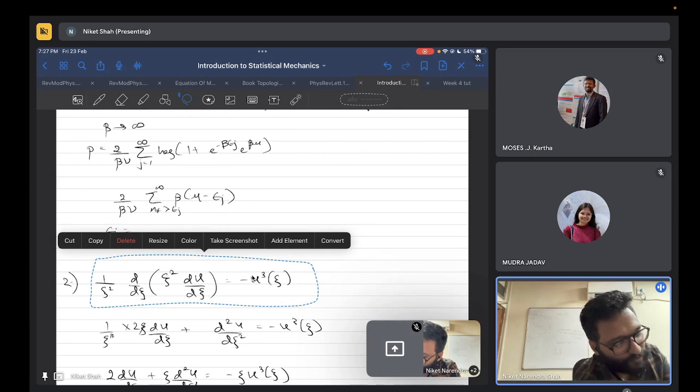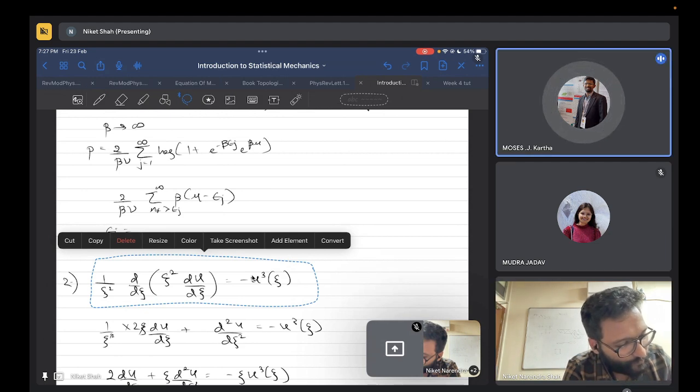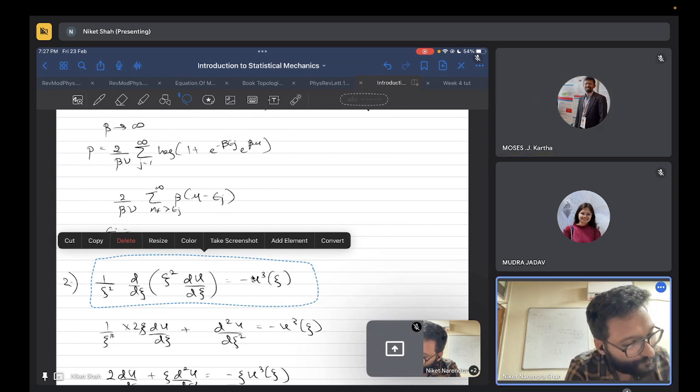The trick seems to be this only: if I take this derivative inside, so 1 by chi square, the derivative will be with this chi square first and then with this, just the product rule of derivatives. What will be the result? First I'll differentiate this. So the first term will give me 2 chi du by d chi.